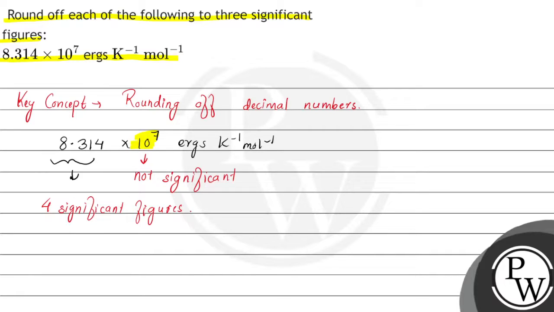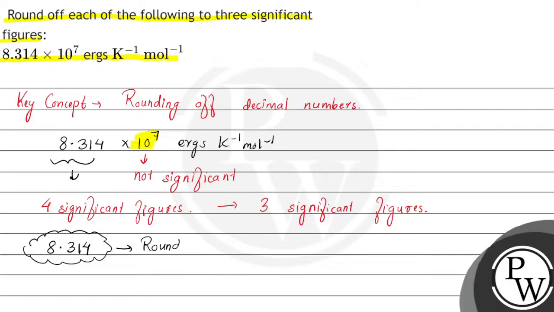अब हमें इस number को four significant figures से we have to express it to three significant figures, which is asked in the question. So what we are going to do is we have to round it off to three significant figures. अब अगर ऐसा कोई डिजिट हमें गिवन है और इसको हमें राउंड ऑफ करना है, when we have to round off this, there are certain rules.